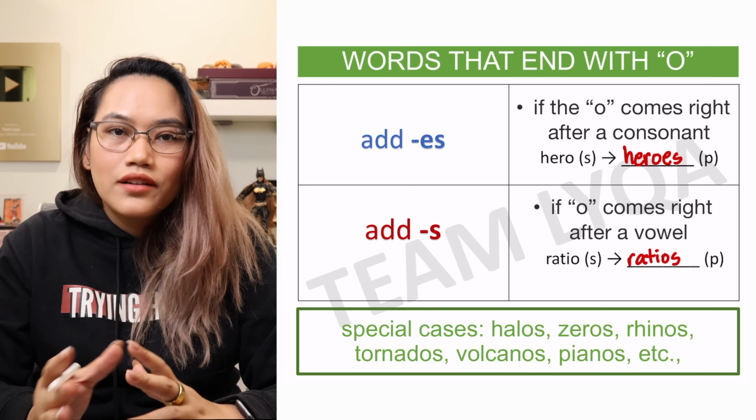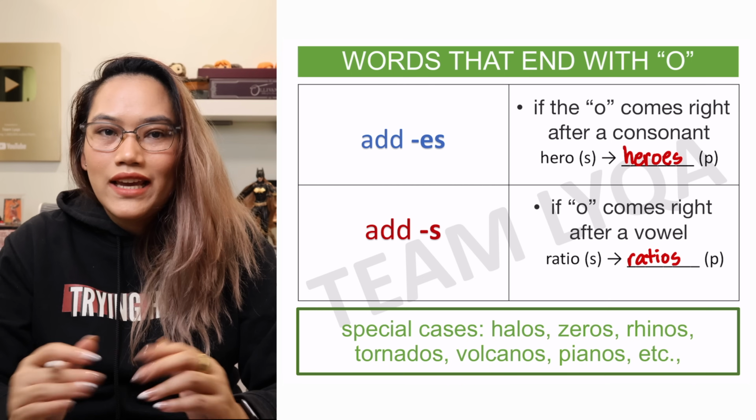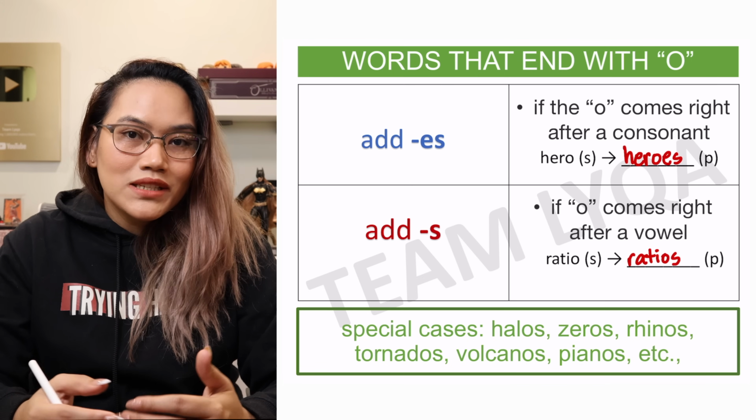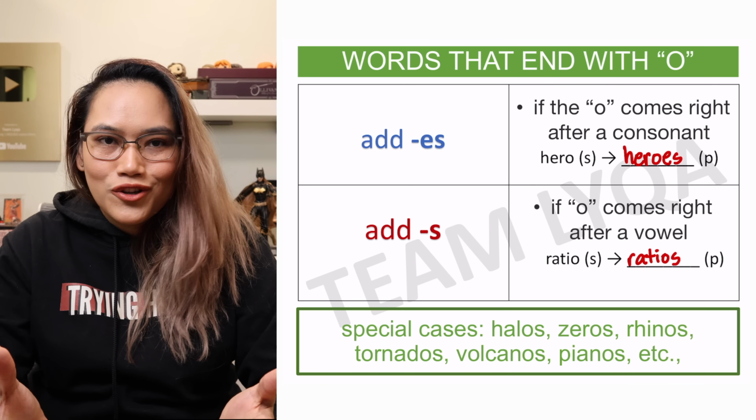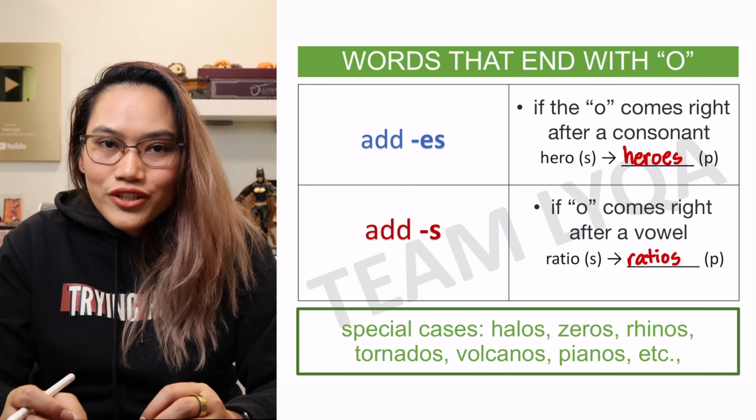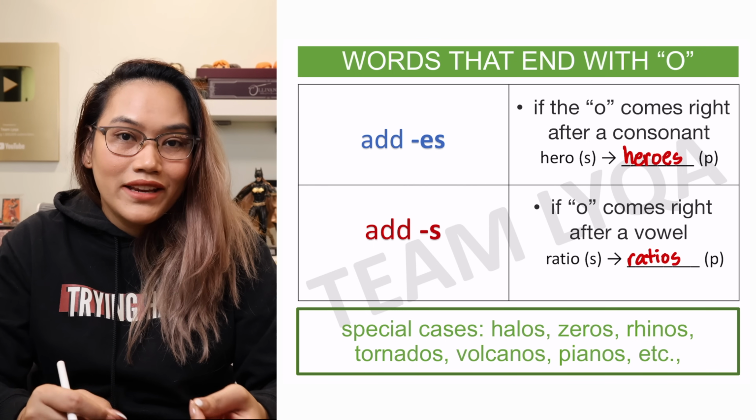There are times na accepted ang both ES and S. There are times na isa lang ang tama. And the key to this is just familiarization. Mas maganda if you read books para maging familiar kayo sa tama niyang spelling. Now, medyo marami tayong discuss today, and the best way for you to remember everything is through a quick quiz. So if you're ready with your pen and paper, your timer starts now.